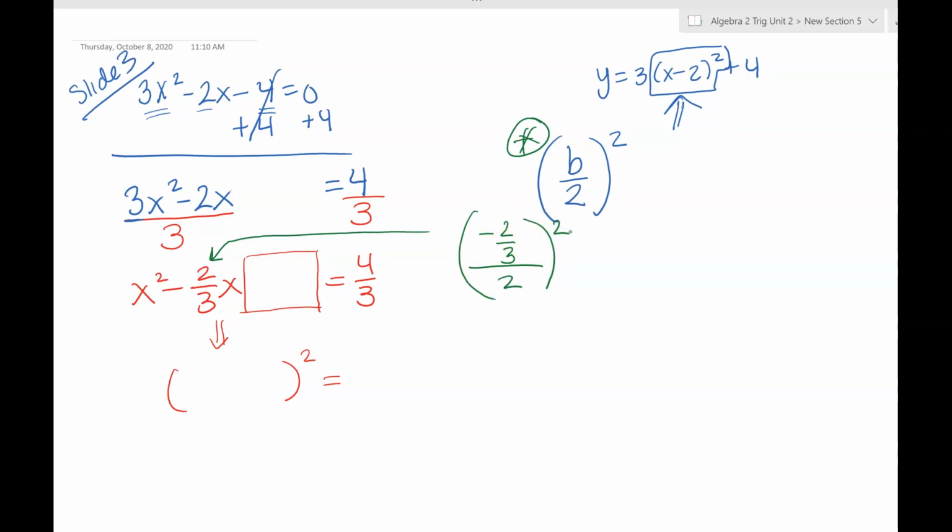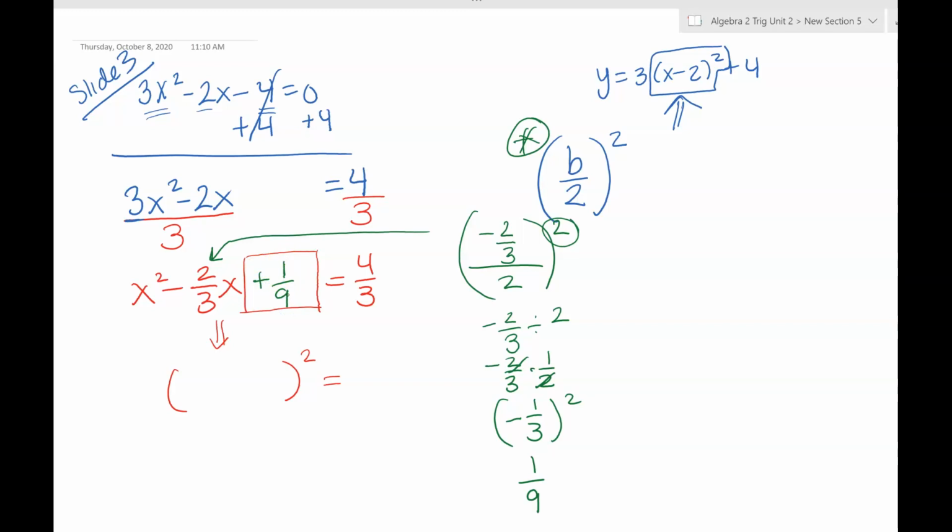So that looks a little bit frightening, but remember to just write it out in a way that's more understandable for us. We have negative 2/3 being divided by 2. That is negative 2/3 times 1/2. The 2's will cancel out, and that would leave us with negative 1/3. And then don't forget, we still need to square that, which would give us 1/9. So apparently 1/9 is the value that will make this quadratic factor as a perfect square.